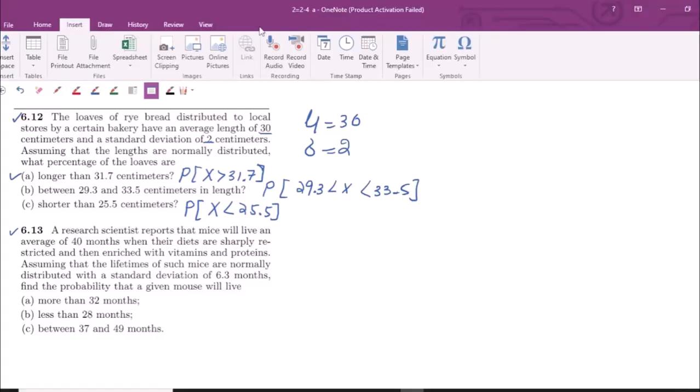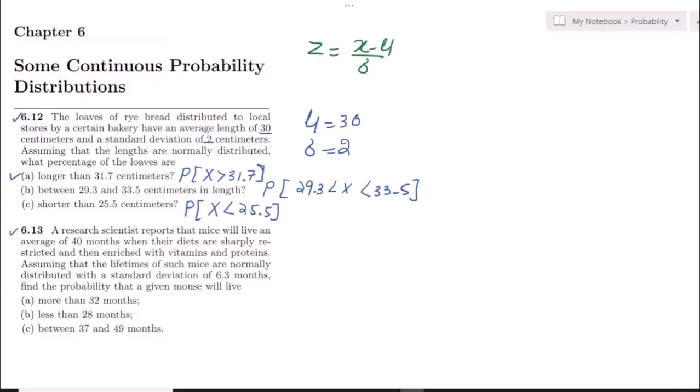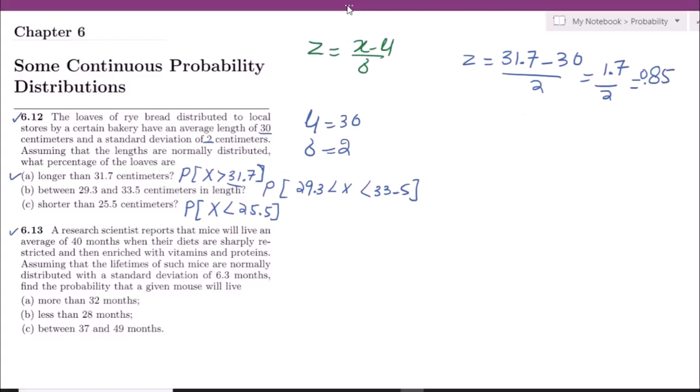Solving for each one, for 31.7 centimeters, the value of Z is 31.7 minus 30 divided by 2. So this is 1.7 divided by 2, which is 0.85.